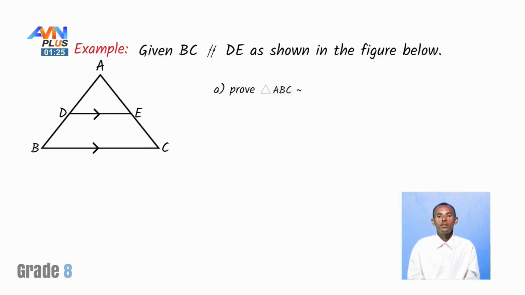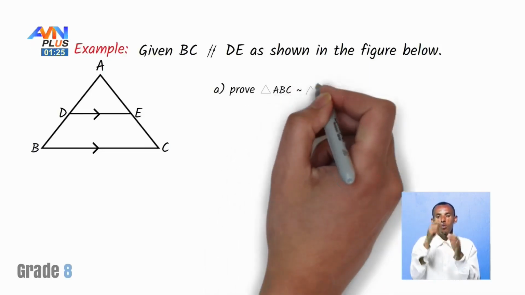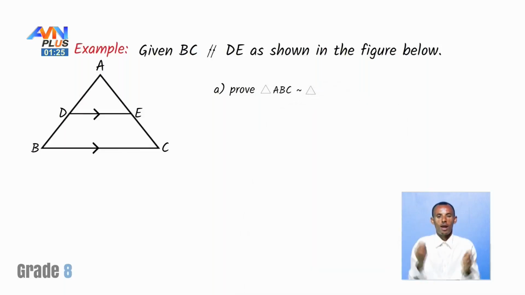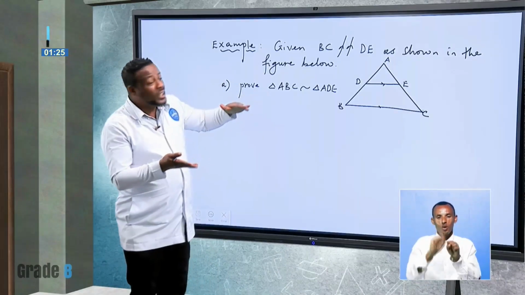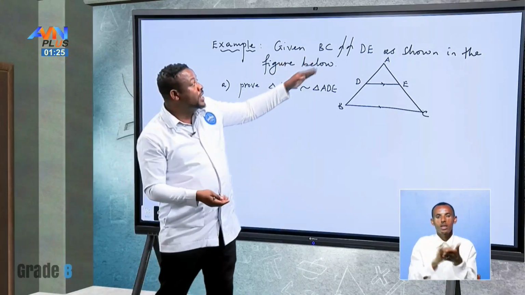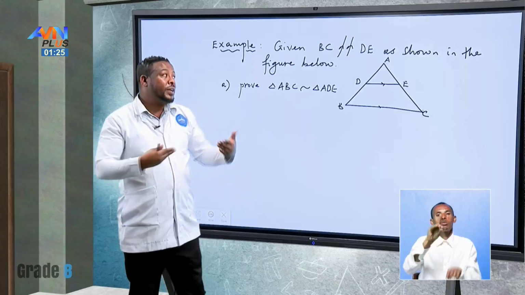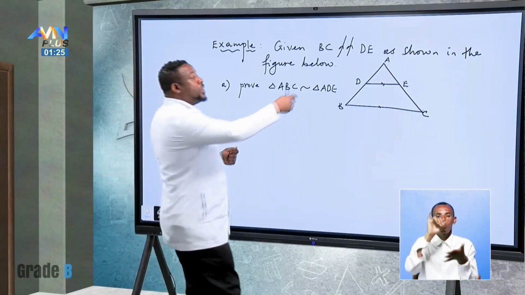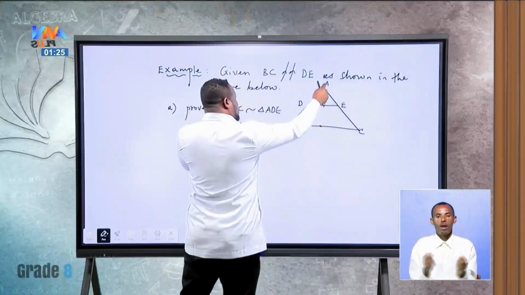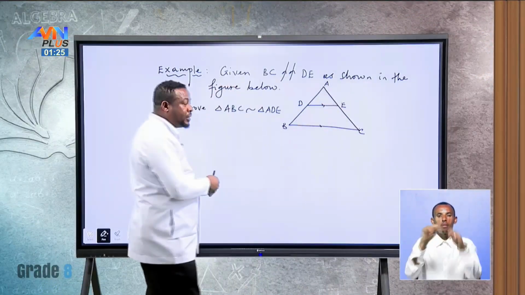In this figure, you can see two triangles. One is the bigger one, ABC. The second one is ADE, right? The only thing that we know is BC is parallel to DE. Having this information, we are asked to prove that the bigger triangle is similar to the smaller one, right?